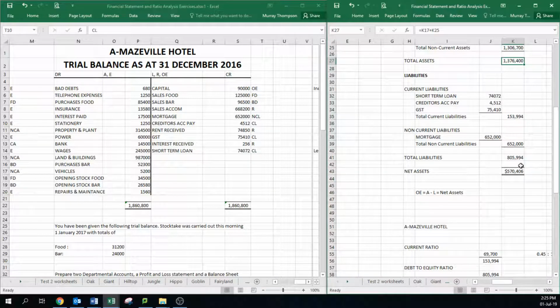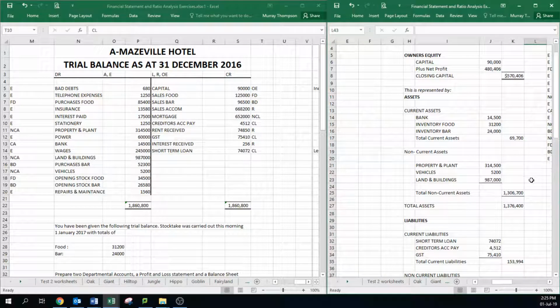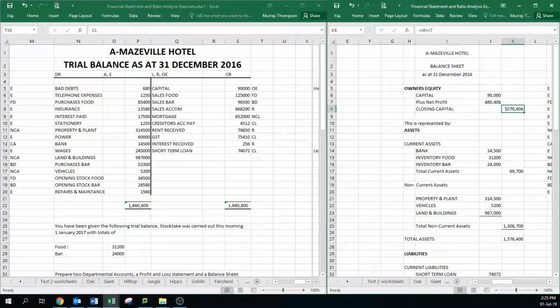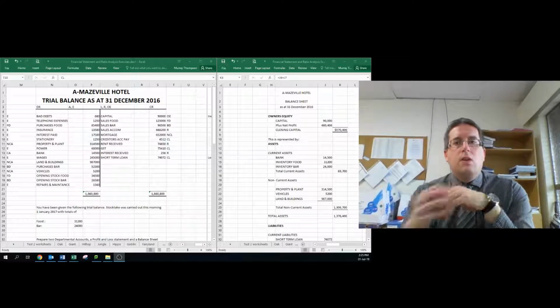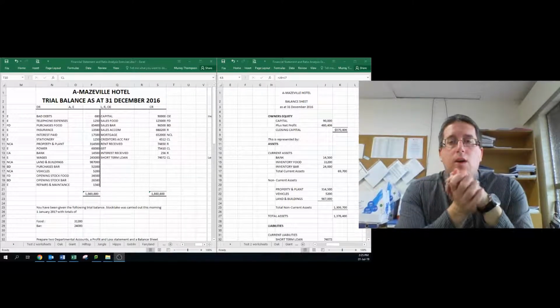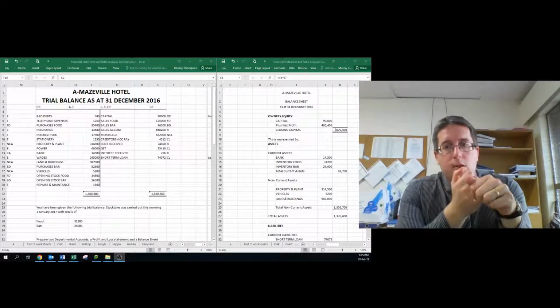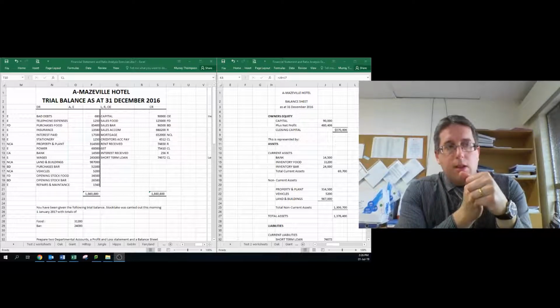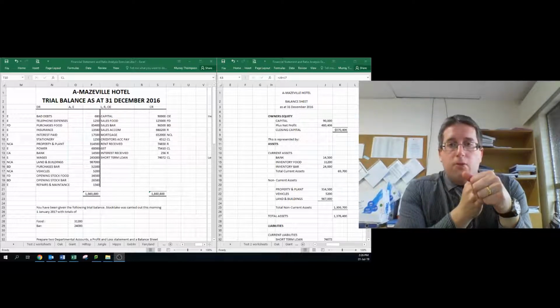Total assets minus total liabilities gives you net assets, and hopefully that figure will equal your owner's equity. If it doesn't, then you will have to go back and have a bit of an examine. First of all, check that you've got all your assets there, that you've got all your liabilities there. Check that they're all fine.